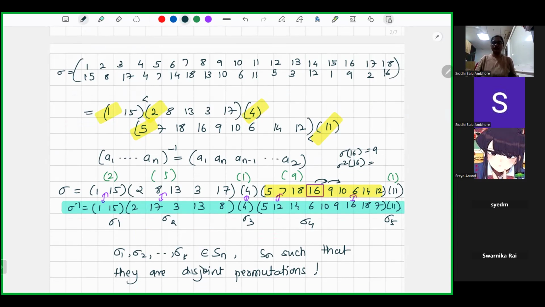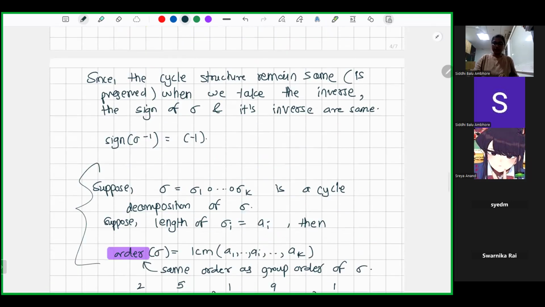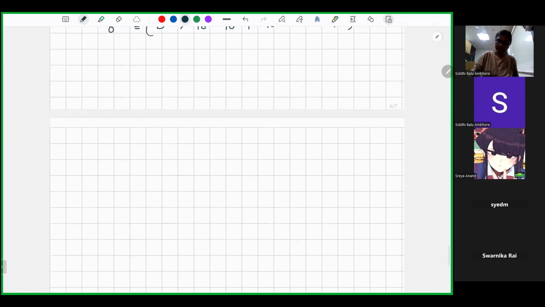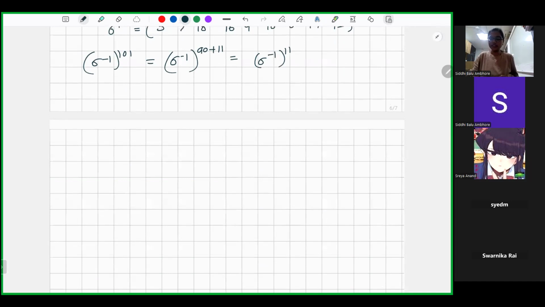Again, check the permutation. All the cycles will survive because we are taking one extra thing. Let me just write this quickly. Sigma inverse power 101 will be sigma inverse power 90 plus 11. Okay, and this will be sigma inverse power 11 essentially.